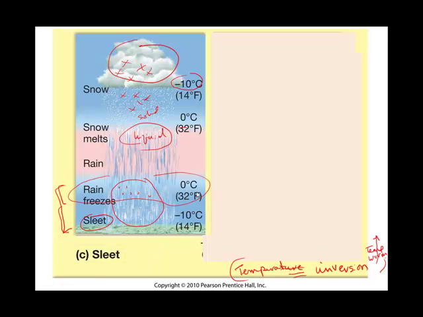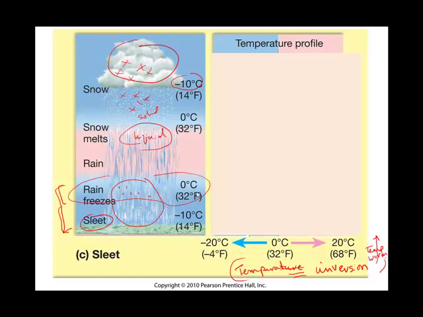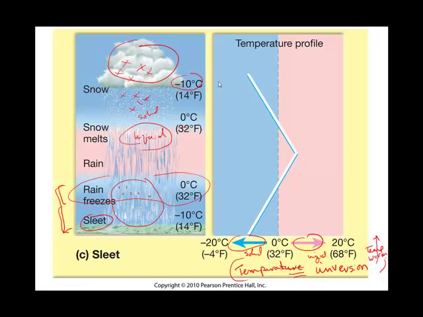If we were to look at the temperature profile, remember when you look at this, that anything in the blue area, water is going to be a solid. Anything in the pink area, water is going to be a liquid. So in this scenario, it goes from a solid to a liquid. Notice the liquid's warming, and then right here begins your temperature inversion.